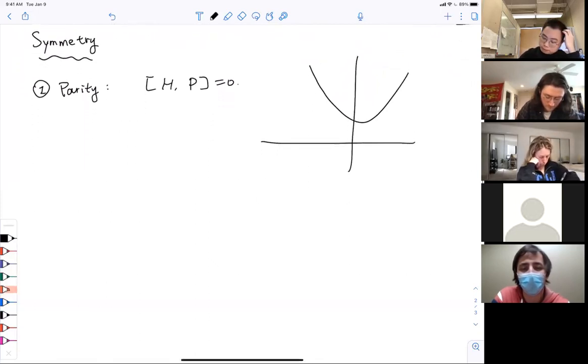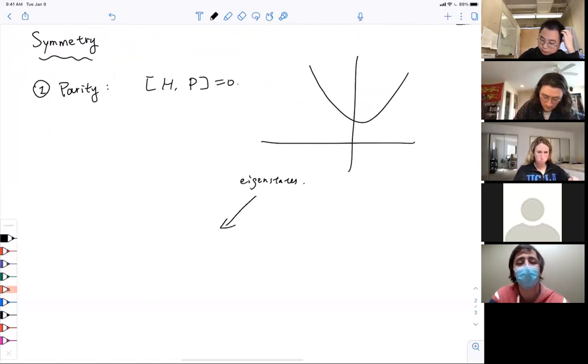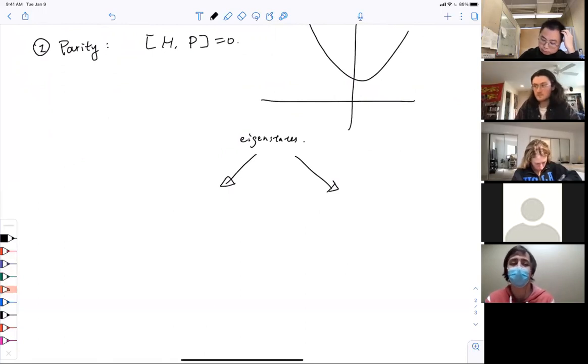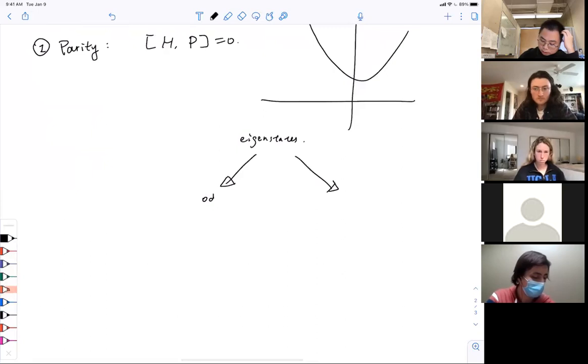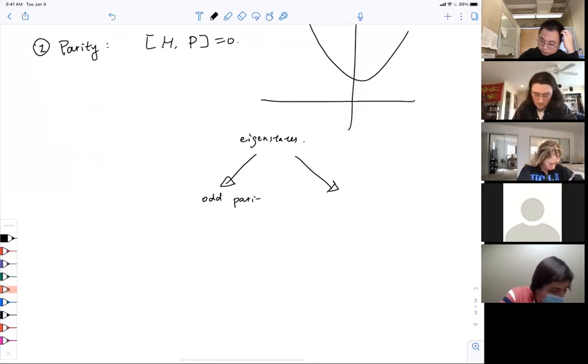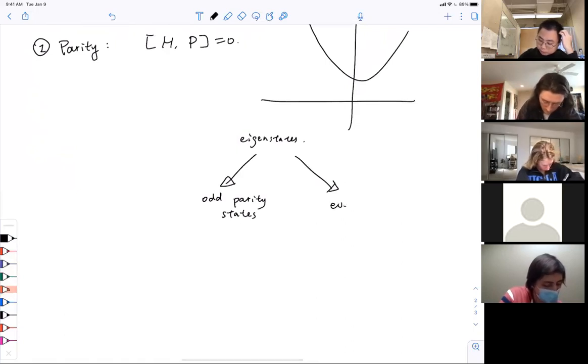In this case, all the eigenstates can be classified into two categories. Basically, one is odd parity states, and another one is even parity states. Let's denote them as odd and even.